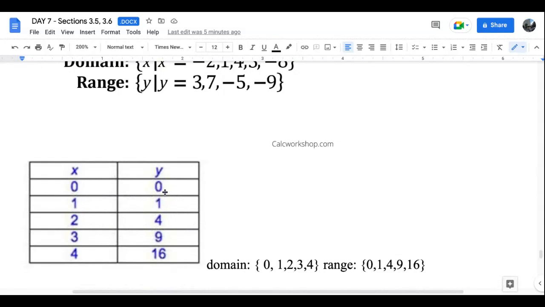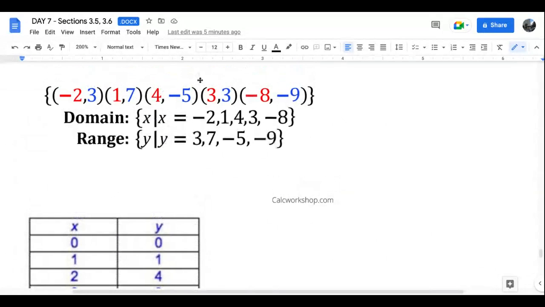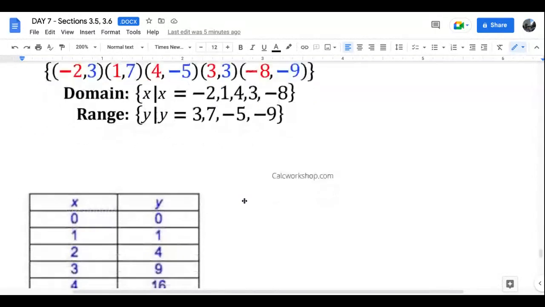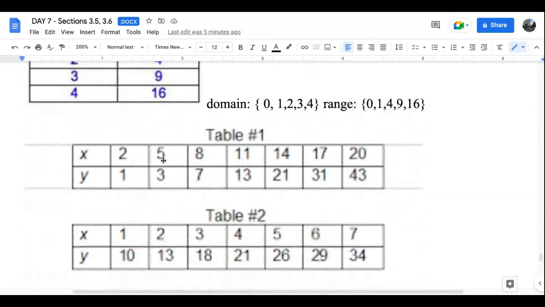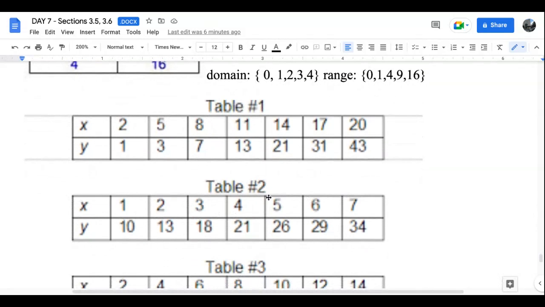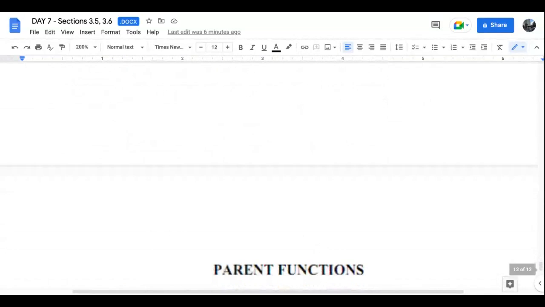So this is a set of ordered pairs, and indeed it is a function, because the first members, the x values, are distinct. A table where the x values are distinct represents a function.